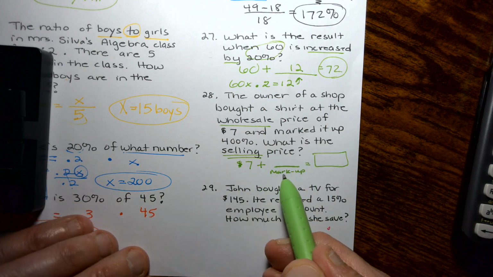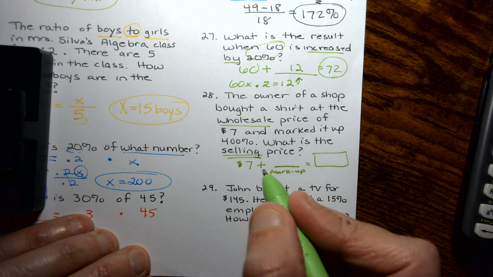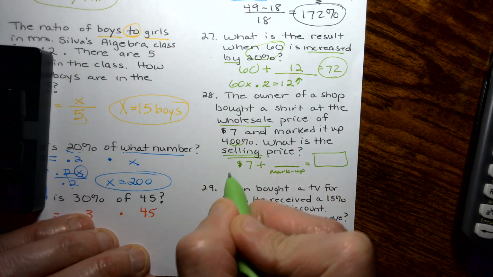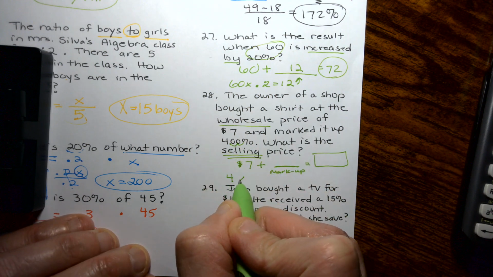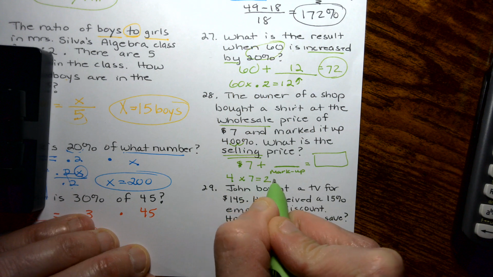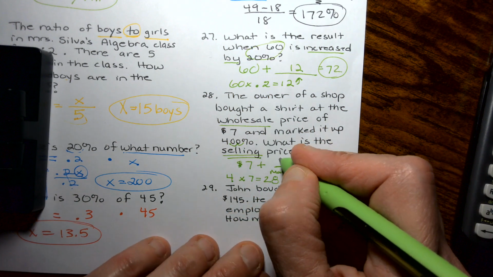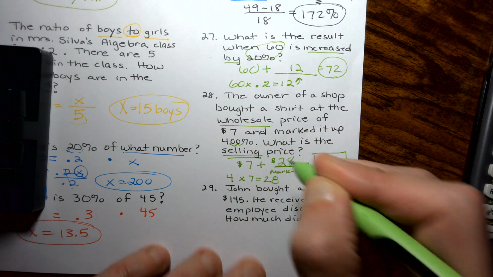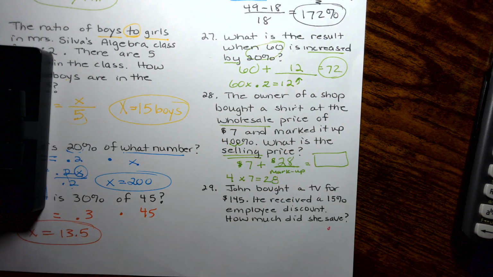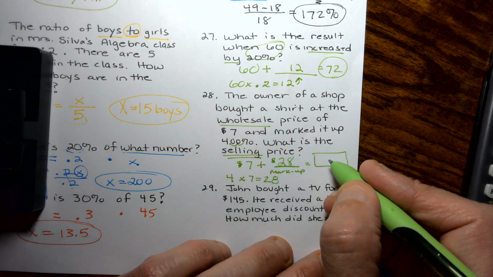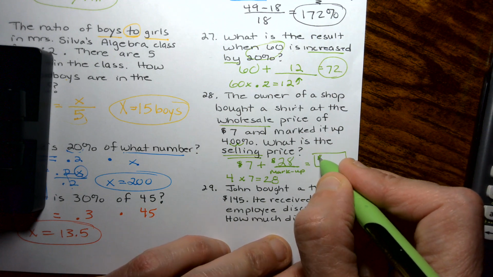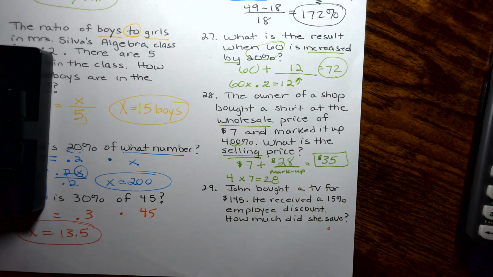To get the markup amount, you need to take the 400%, shift the decimal 2 spots, so we get 4 times the 7. That's $28. They raised it. Wow, that's a lot. So they sold it for $35. Probably not uncommon though, to be honest, because hats probably aren't that expensive, but they can be when you buy them in the store. So they probably do get marked up that much.